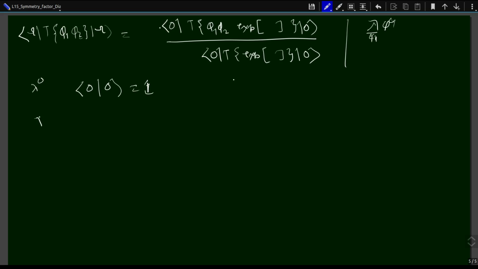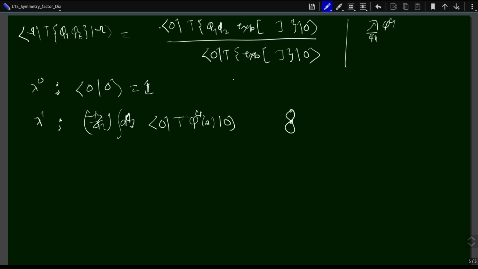At lambda to the power 1, I have minus i lambda by 4 factorial, and vacuum time ordered product of phi to the power 4 of z, d4z. This particular term is just 1, but this particular term at order lambda, what I get is a diagram like this.